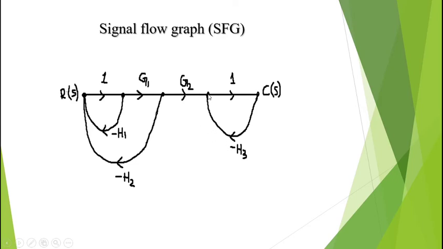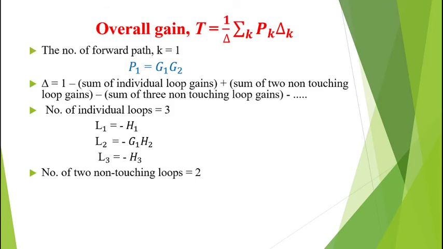Multiplying both, we get the two non-touching loop gain, L2 into L3, which is equal to minus g1 h2 into minus h3, that is g1 h2 h3. This is summarized in the next slide, where we can see that the total number of two non-touching loops is 2, and the two non-touching loops are L1 into L3 and L2 into L3, and their loop gains are also given.